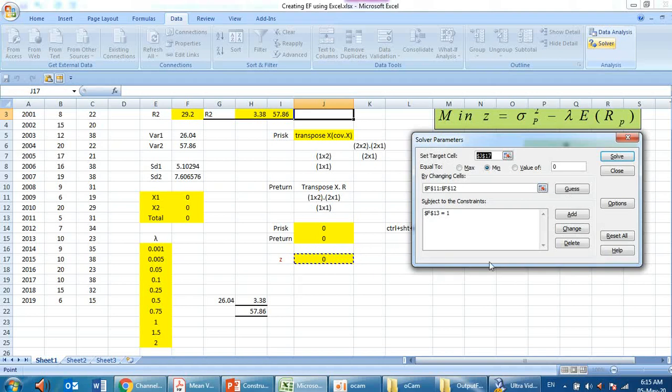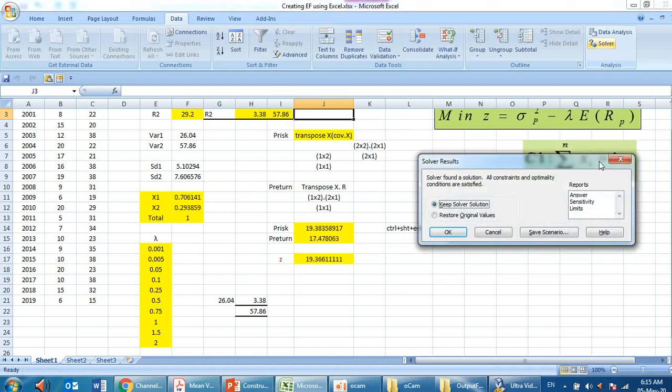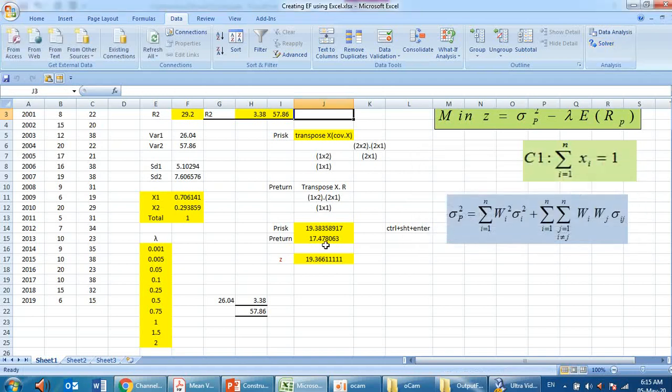So what we do, we solve it, and what does it say? It says solver found a solution, all constraints and optimality conditions are satisfied. Alhamdulillah, everything is fine. So this is the portfolio risk, this is the return, and this is the Z value.